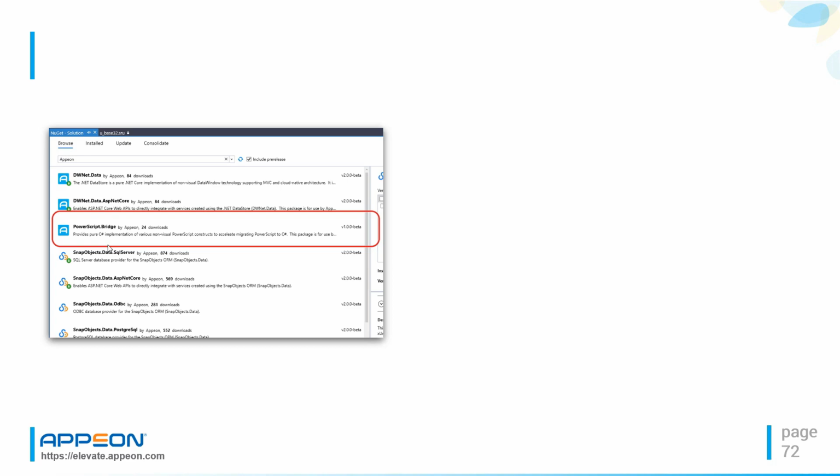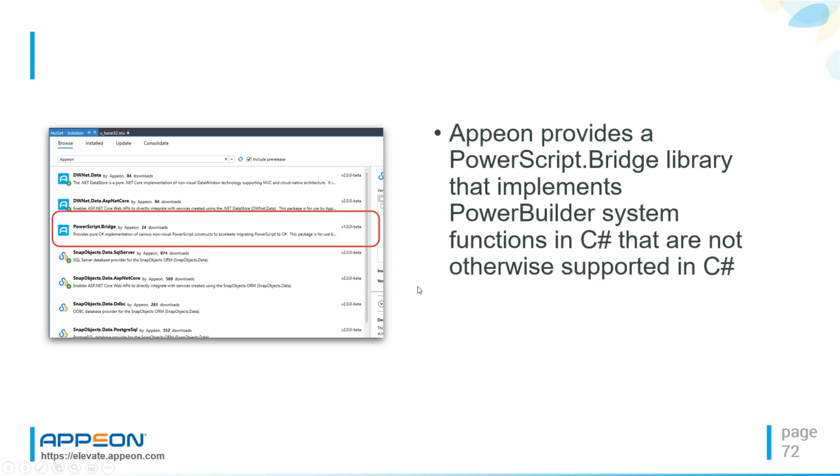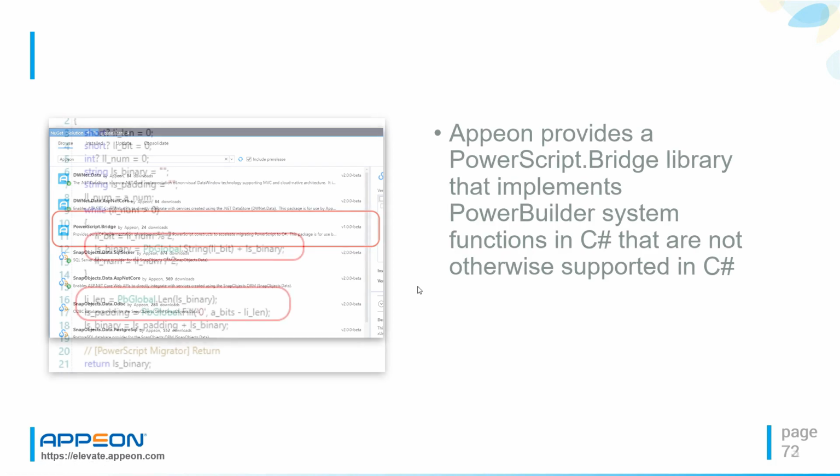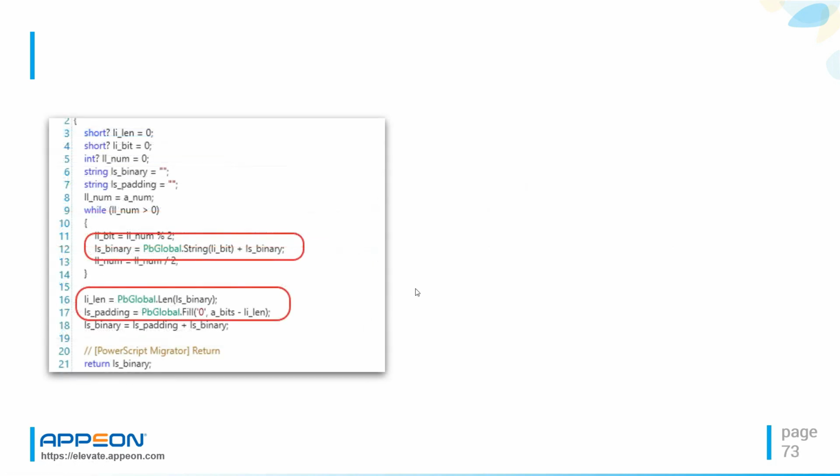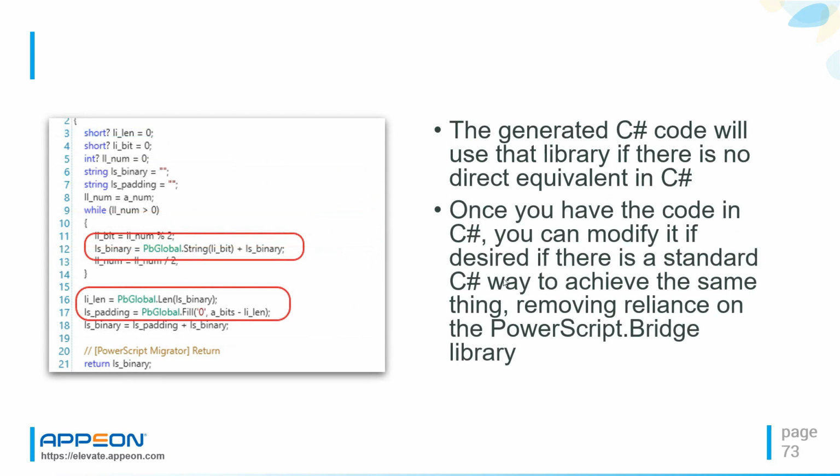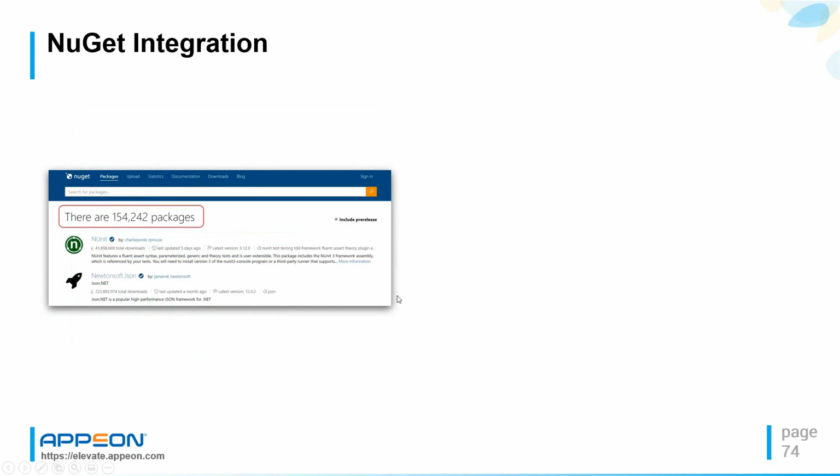This shows you where you can download that out of NuGet and include it in your project, so that you can handle the stuff that doesn't directly convert into C#. Before we go to NuGet, let me step back, demo the PowerScript migration, and then we'll come back to NuGet.